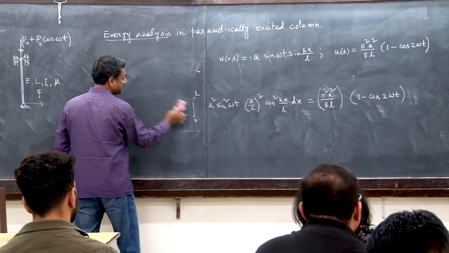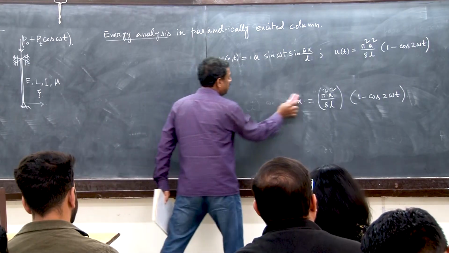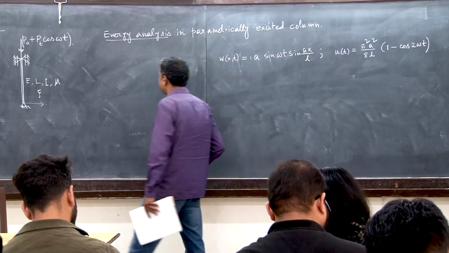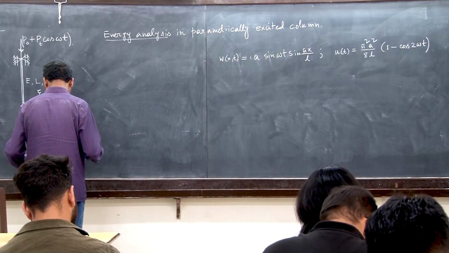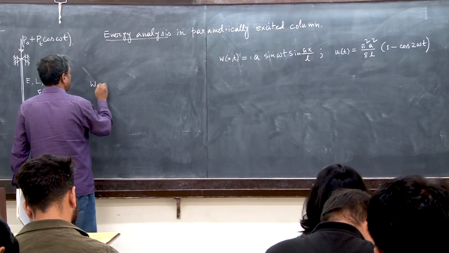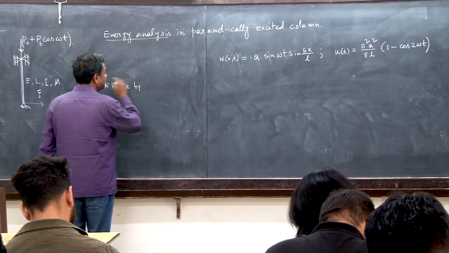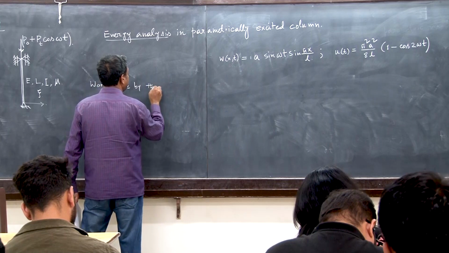This is the axial displacement along x. So now with this, what is the work done? Rate of work done? The work done over some cycle by the axial forces.